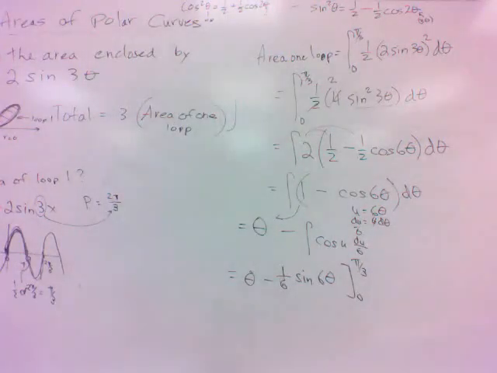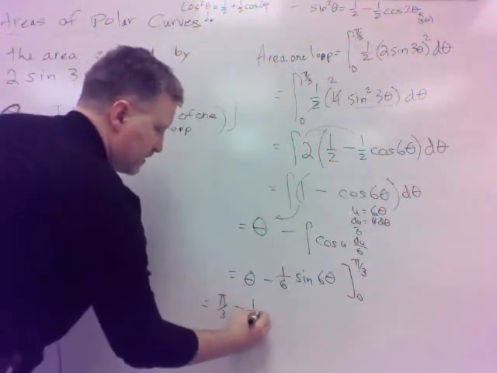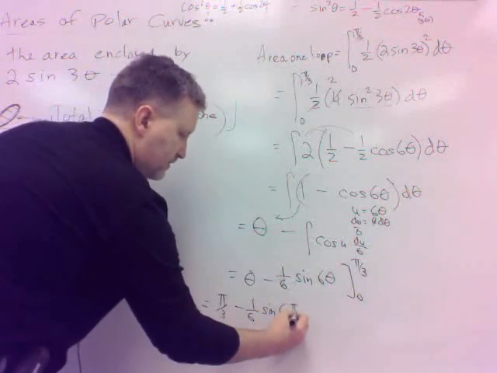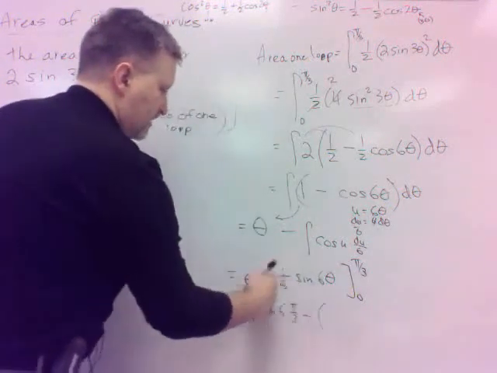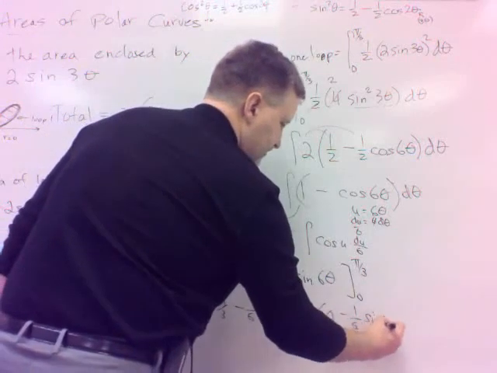Is that okay? So plug it in, you got pi over 3 for theta, minus 1/6 sine of 6 times pi over 3. Plug in 0, 0 minus 1/6 sine of 0. That's all 0.